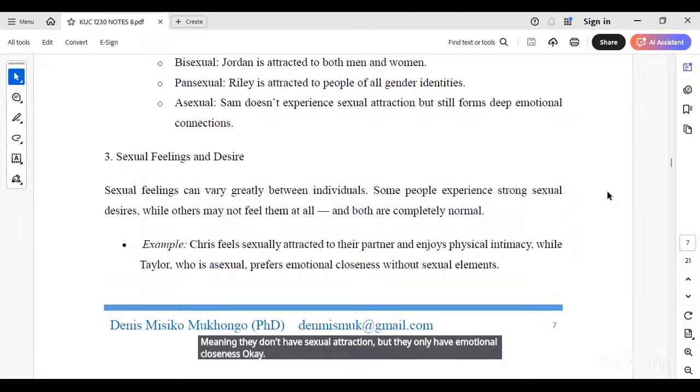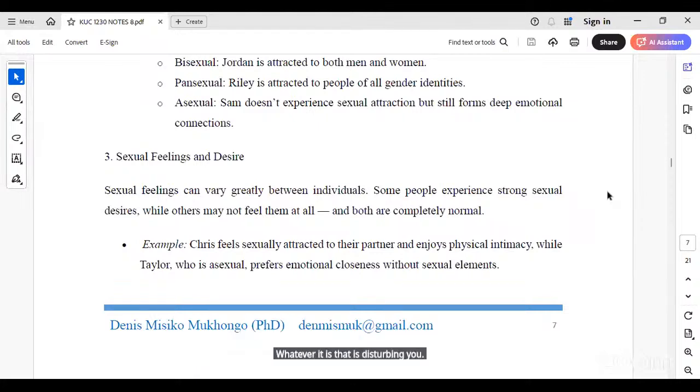Okay, so you just want to have someone that you can get close to and share whatever it is that is disturbing you, whatever it is that is bothering you, but no sexual desire, even if that person is of the opposite gender. You just have a friend, and when you have a challenge, you pick up the phone, call Jen, you talk, you tell her whatever it is that is bothering you, but no sexual feelings.